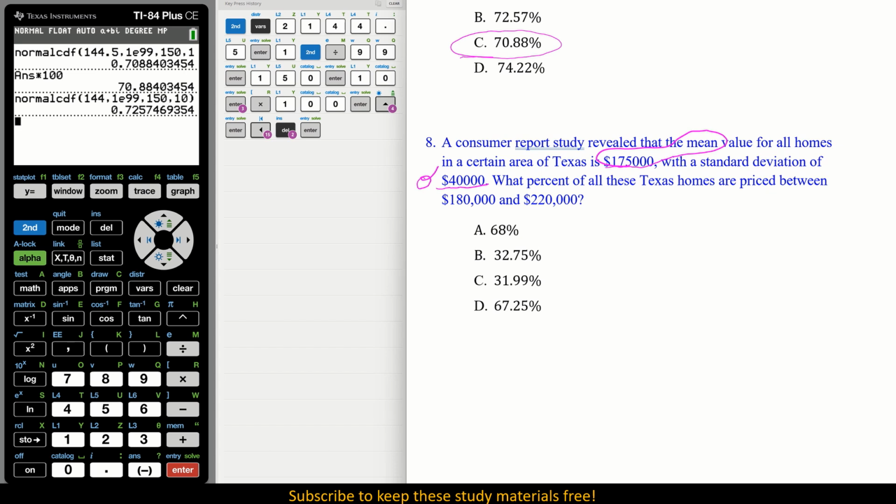This is not ounces of fluid, like water. We're not talking about water being drained out. We are talking about the discrete situation, just like tests. This is homes. We don't slice homes up. And it says between, so we're not asking about fractions.